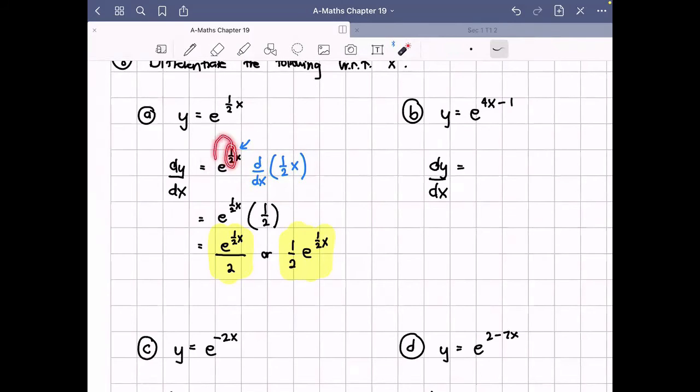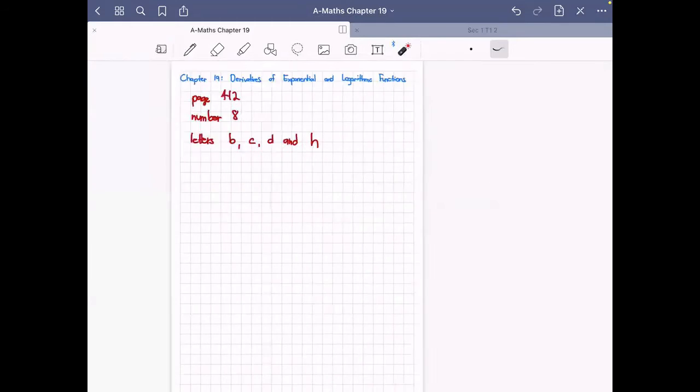We just multiply this in front of the exponential function. That's why you have this answer here. Look at my explanations with my previous examples again.